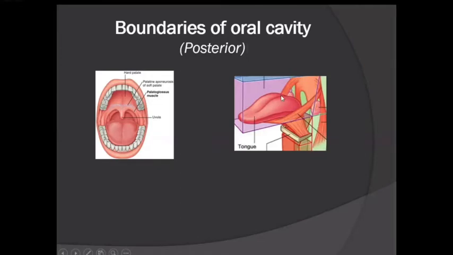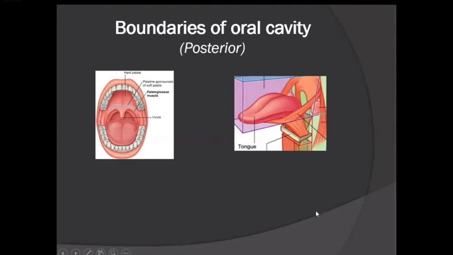This is the palatoglossal muscle, and we have removed the mucous membrane from here diagrammatically. This is the palatopharyngeal muscle, which goes down to the side of the larynx. This depression is the tonsillar fossa, and this is the posterior boundary of our oral cavity on either side, and this is the tongue, as you know. Is that clear?